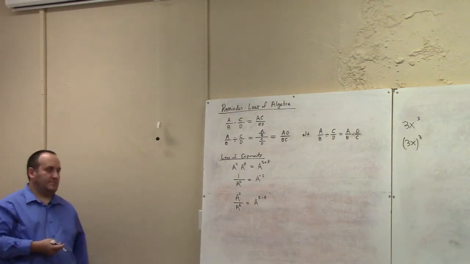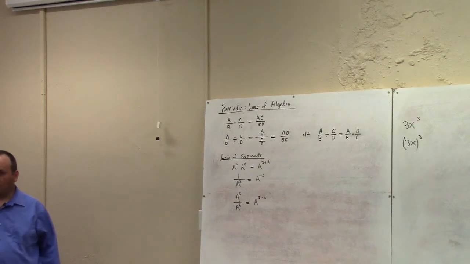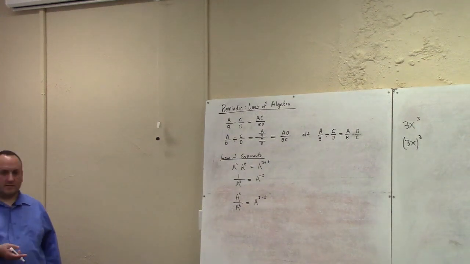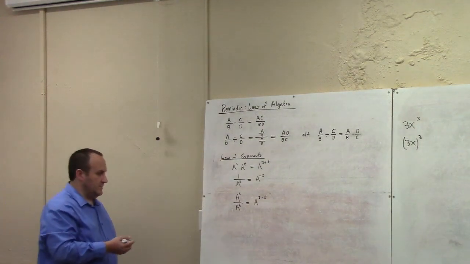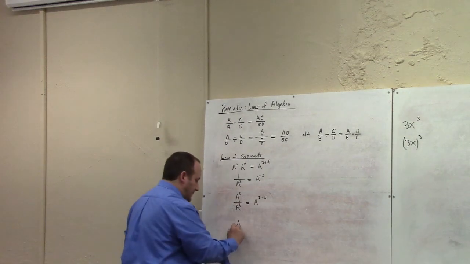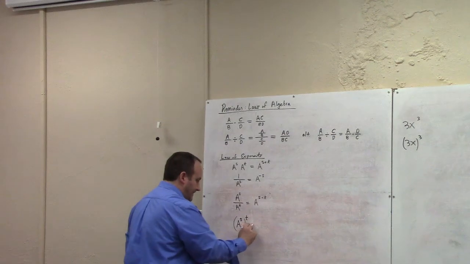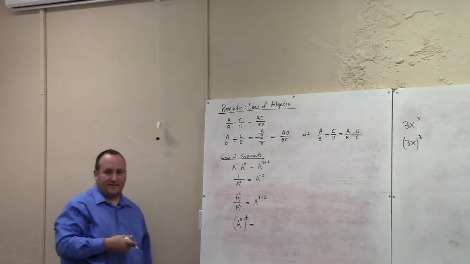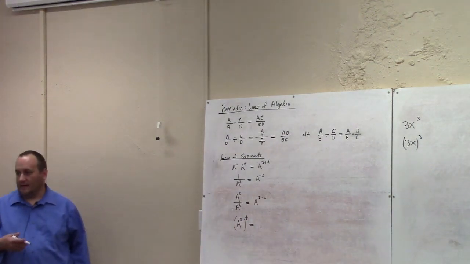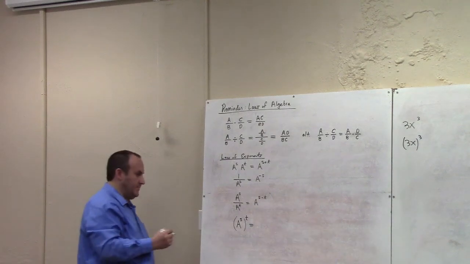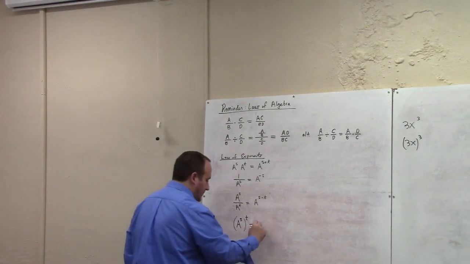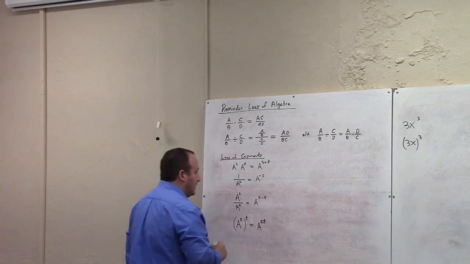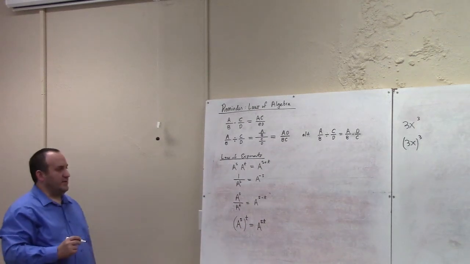Is there any other important law of exponents you can think of I should remind us about? What if we have a to the s raised to the t power? That's a to the s times t, right? So those are important laws of exponents.